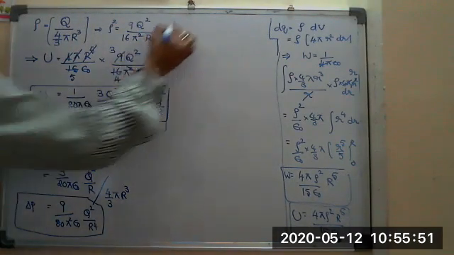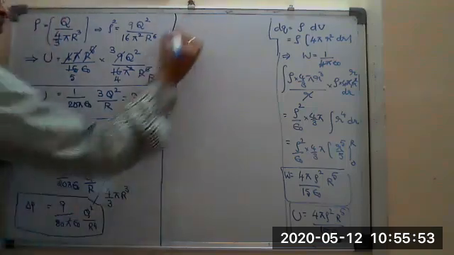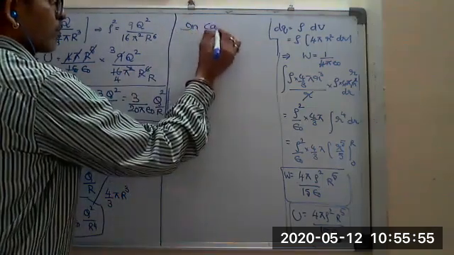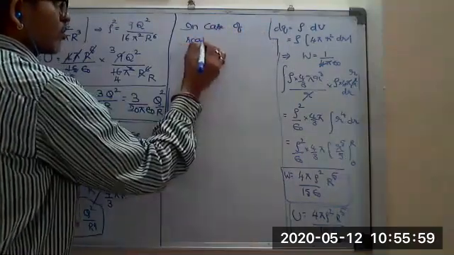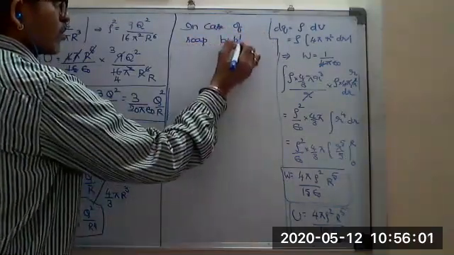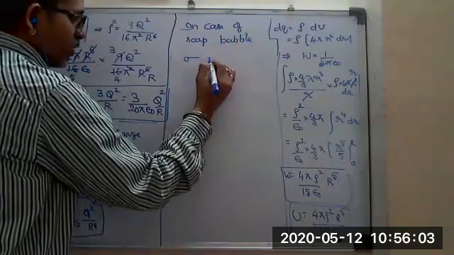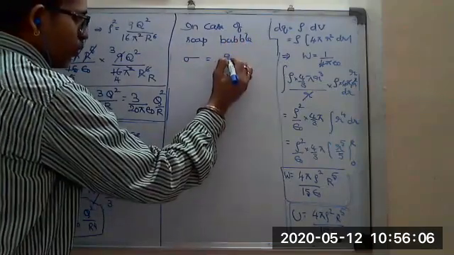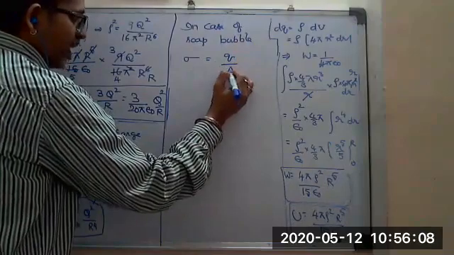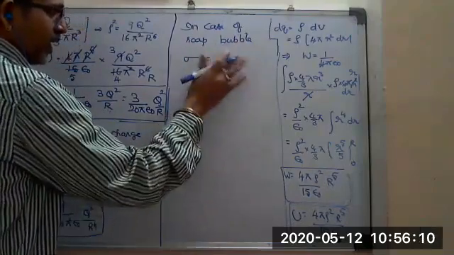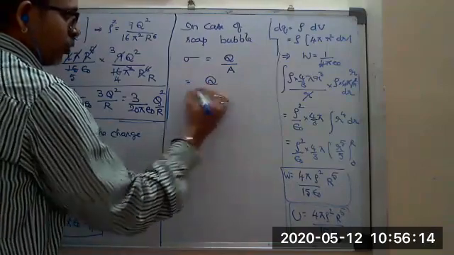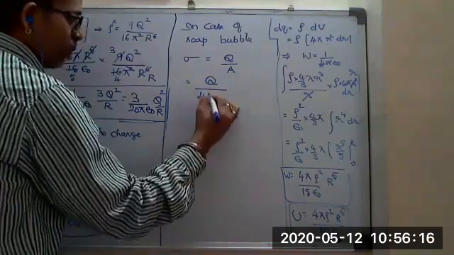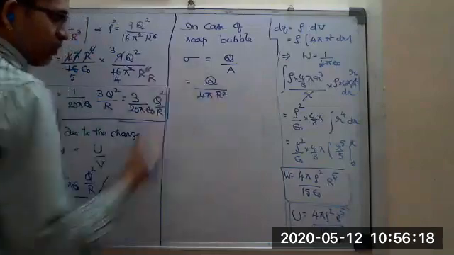Now you write that in terms of sigma, as we did in the case of the soap bubble. Sigma is equal to what? Charge per unit area, that is capital Q by area. Capital Q by area is what? 4 pi r square.